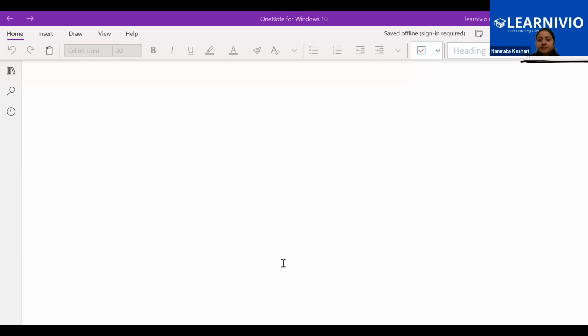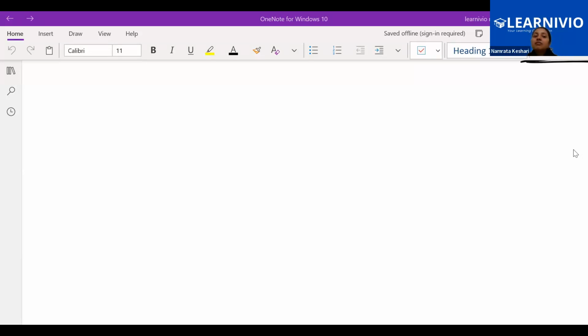Okay, let's start. So in our previous class, we were talking about how to prove that root 2 is an irrational number, how to prove that root 3 is an irrational number. We already know that it's an irrational number. We know that when we apply the long division method for finding the square root, we will be getting a non-terminating, non-repeating decimal number.